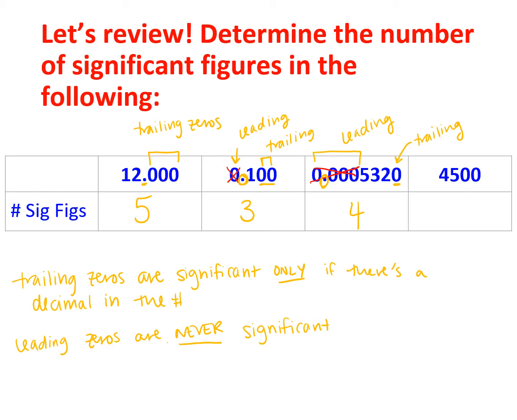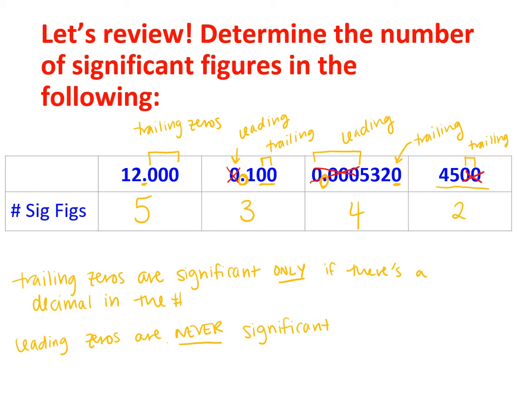And in our last example, 4,500, again, we see more trailing zeros. The difference here is that there is no decimal in this number. And so looking at that first rule, trailing zeros are significant only if there's a decimal. So since there's no decimal, these trailing zeros at the end are not going to be significant and we will only have a total of 2 significant figures in this problem.